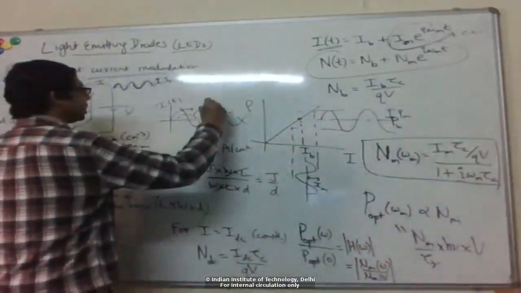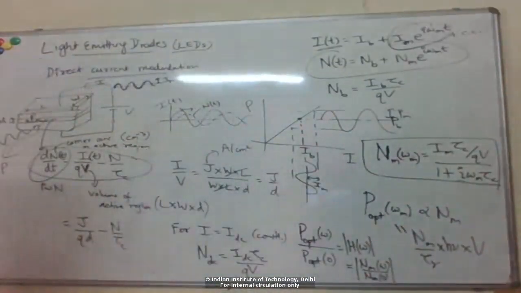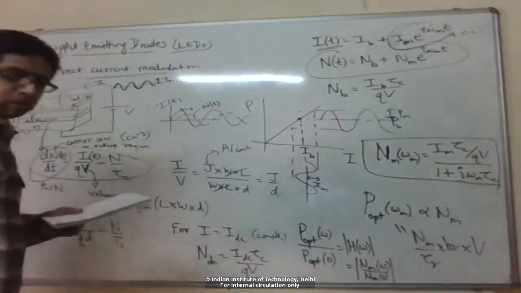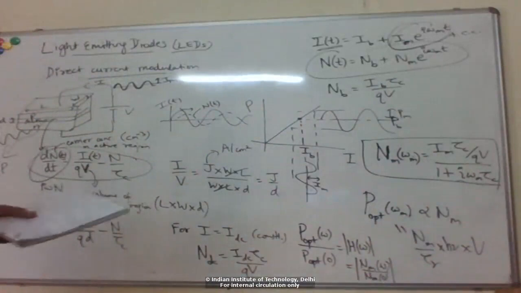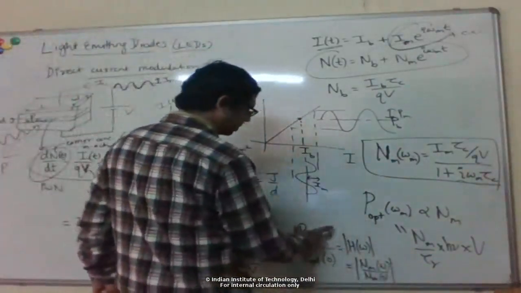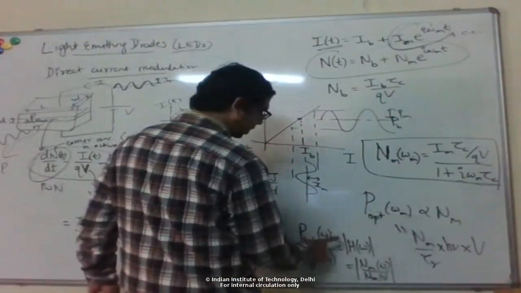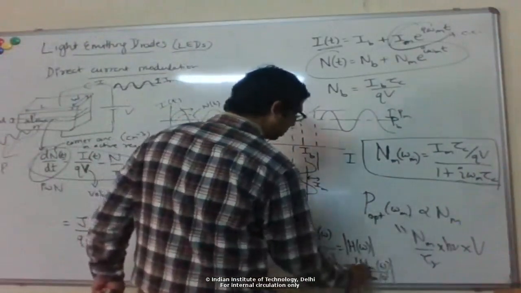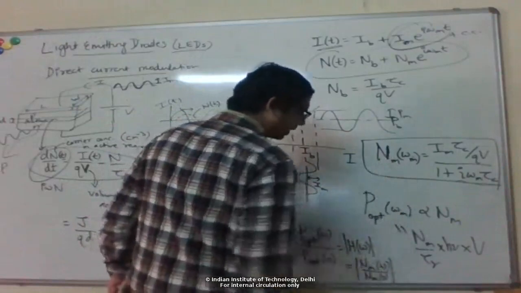Okay, so this is n of t. Anyway, we take the magnitude, because the power is a real number that we want to compute. So we take the magnitude of this n at omega divided by n at 0.